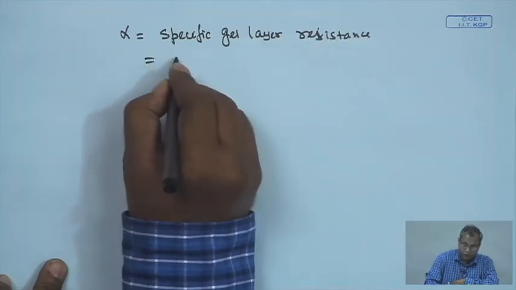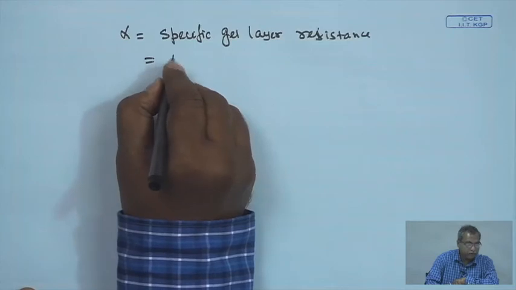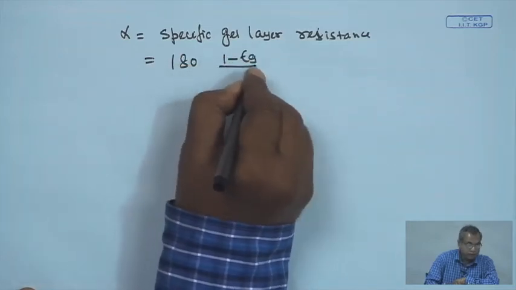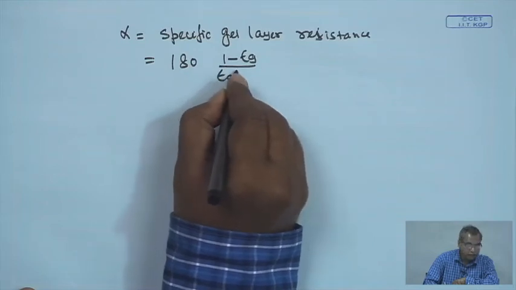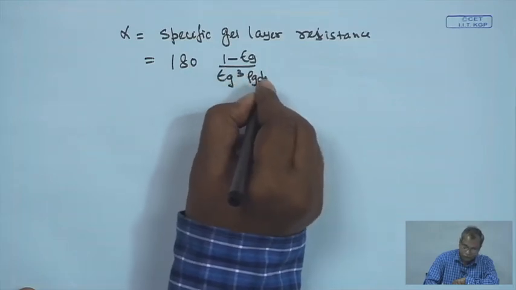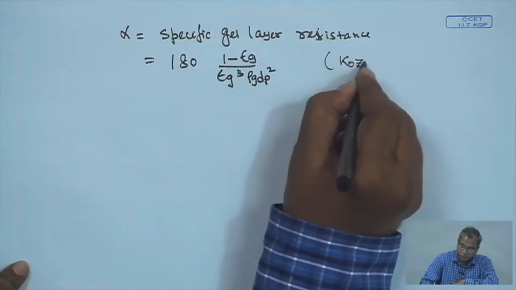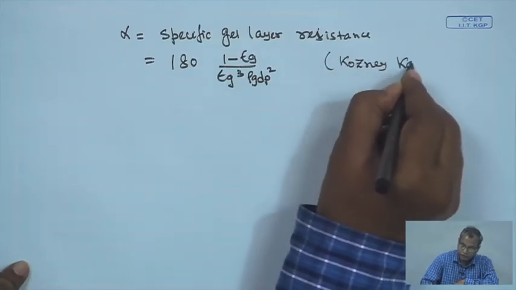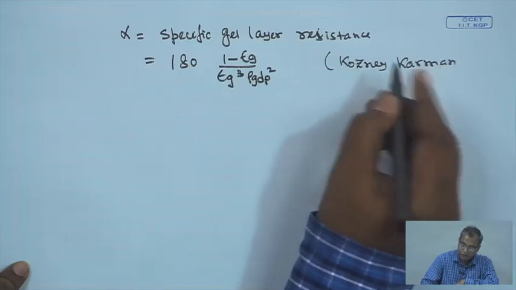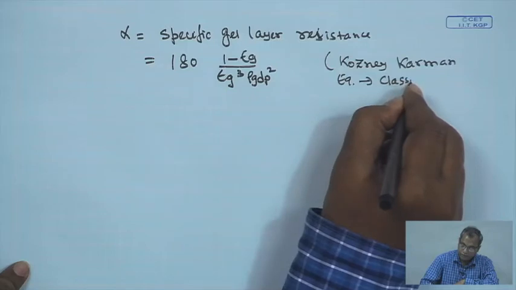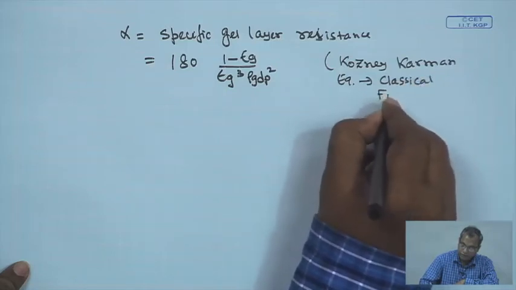And these will be obtained from the Kozeny-Carman equation as 180 (1 minus epsilon g) divided by epsilon g cubed, rho g dp squared. So, this comes from the Kozeny-Carman equation, classical filtration theory.